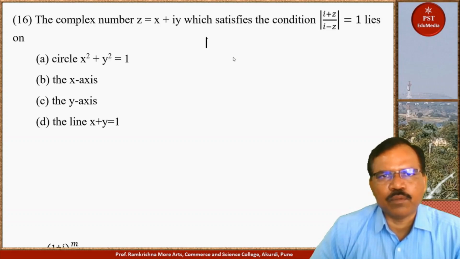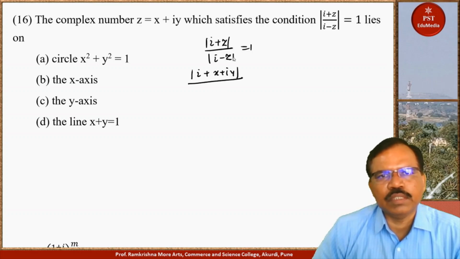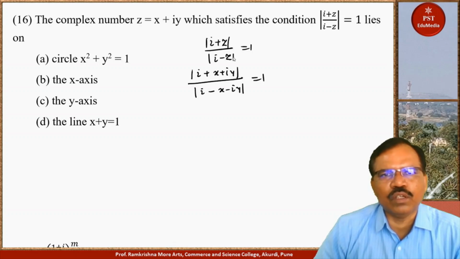So we can write modulus of i plus z upon modulus of i minus z is equal to 1. So here i plus x plus iy, modulus of this, i minus x minus iy, modulus of this is equal to 1.